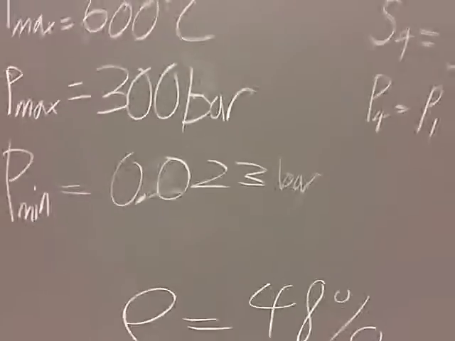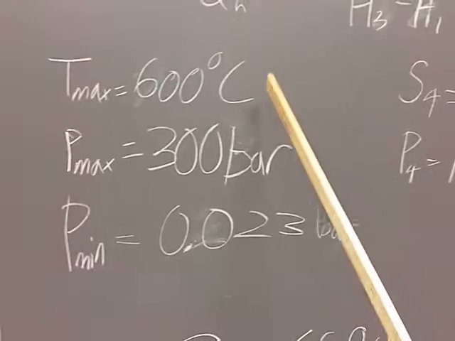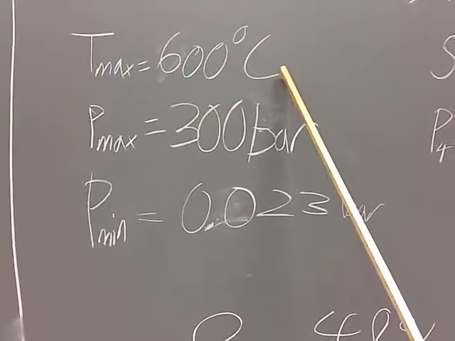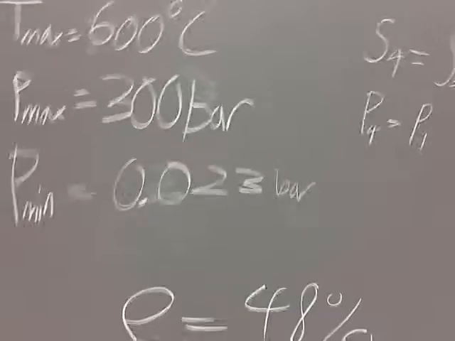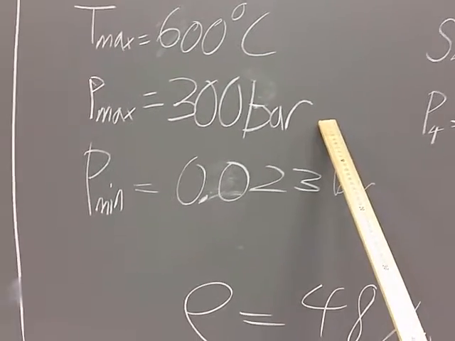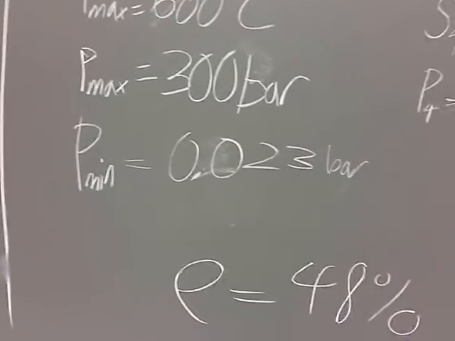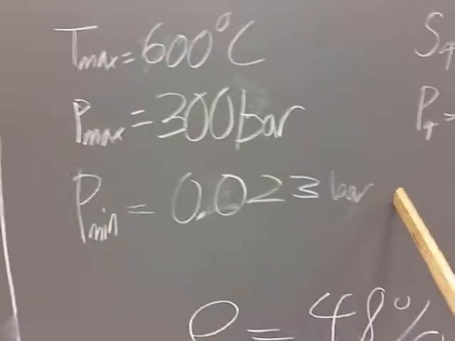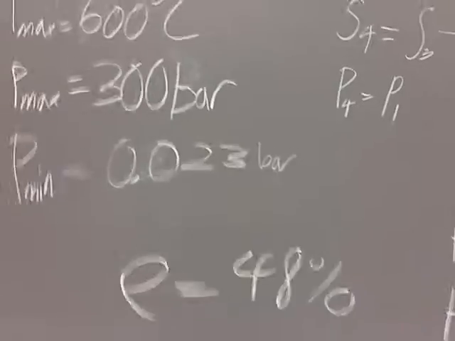So let's say in our steam system we have a maximum temperature of, so at the end of the boiler our water is at 600 degrees. The highest pressure we reach is 300 bars, and the minimum pressure is 0.023 bars.